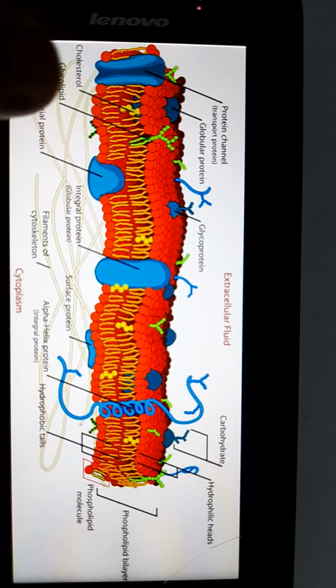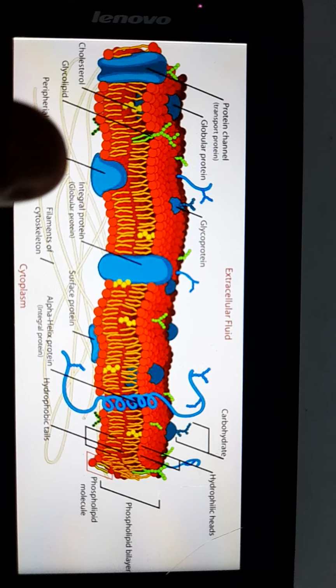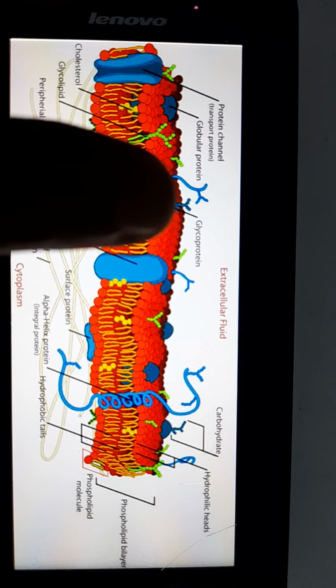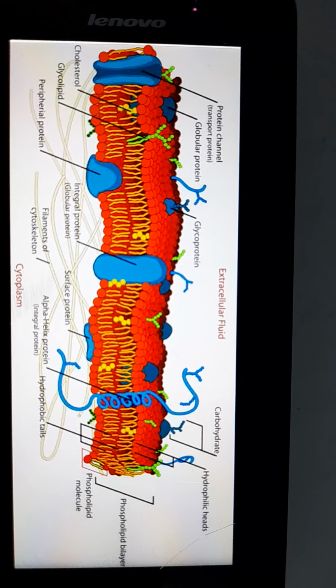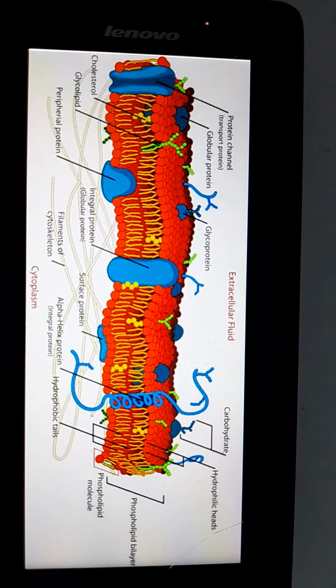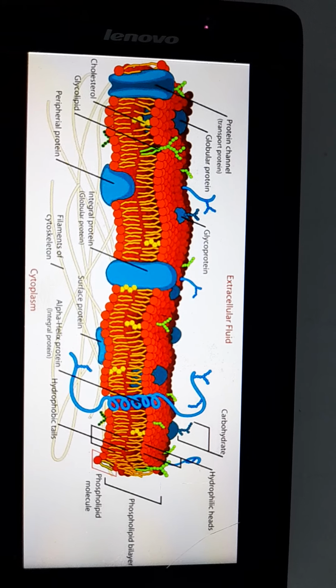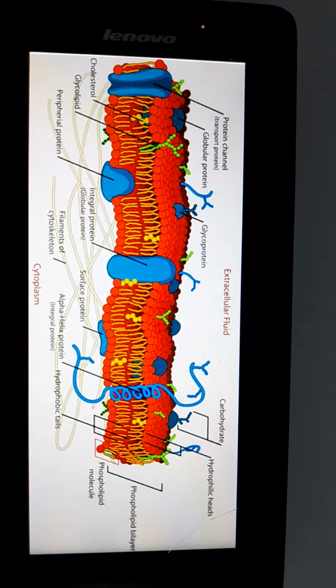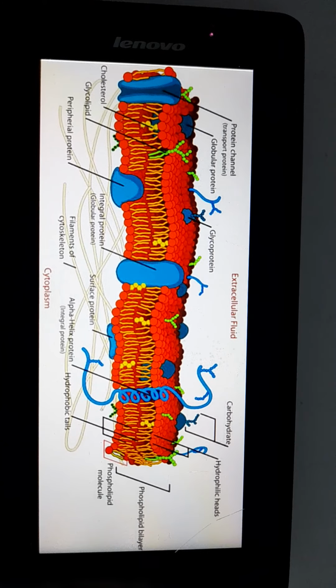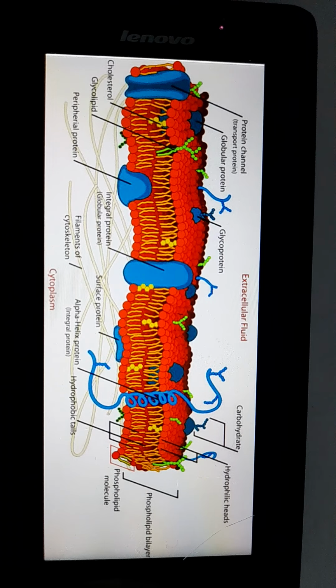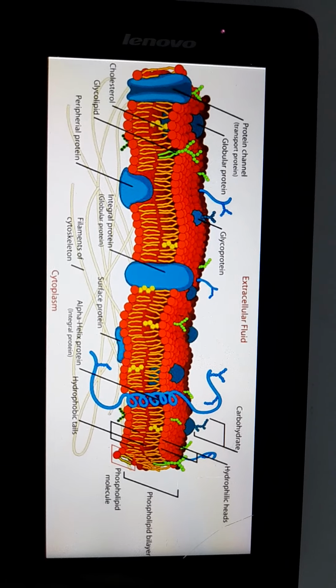Here we can observe glycolipids and here glycoproteins. Glycoproteins help in transmission of information and also act as antigens. These help in identifying toxic substances and restrict their entry into the cell.